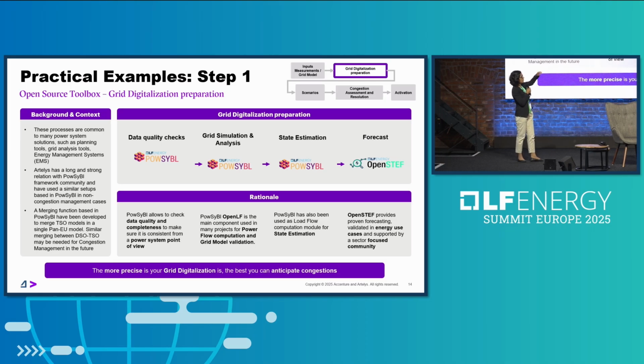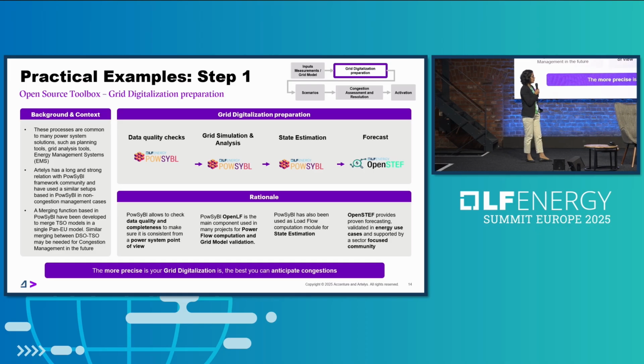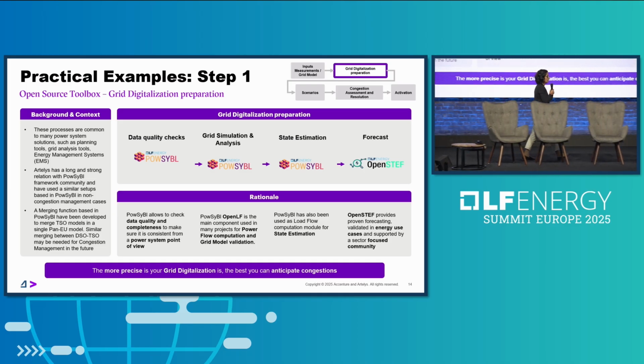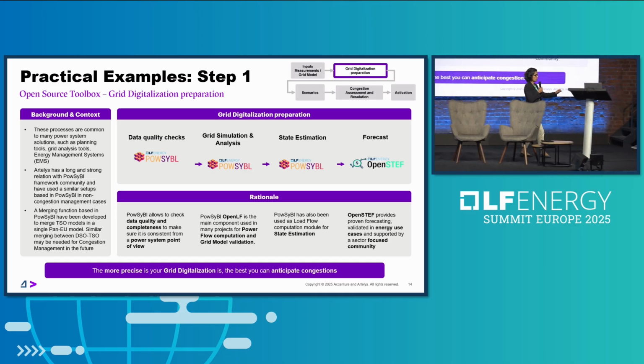And in this chain, we also present OpenStep, which is widely used by operators to calculate forecasts. In particular, we have one of the tools used in the example, which I'll show you in a second.